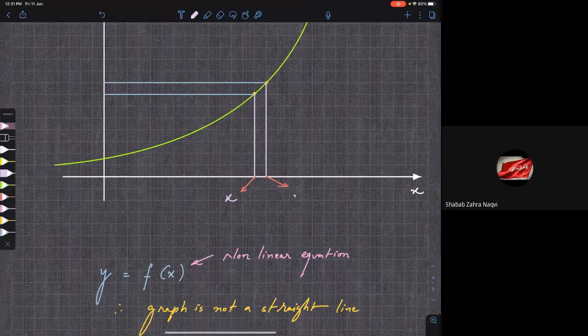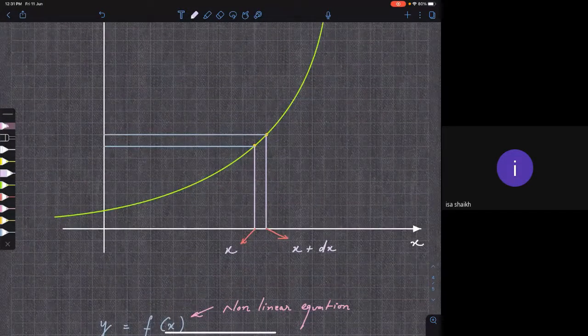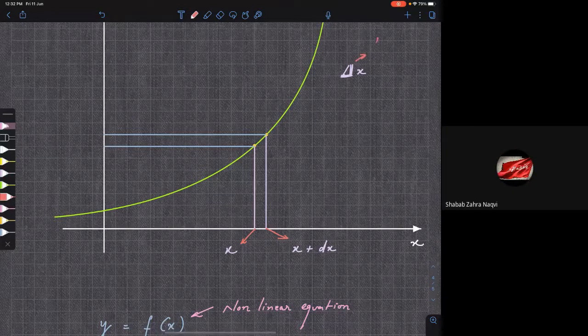So I'll call it x plus dx. What is dx? Small change in x. See, delta x is a big change in x.